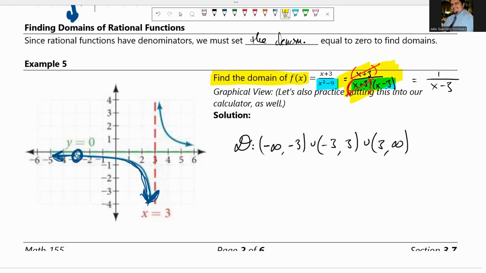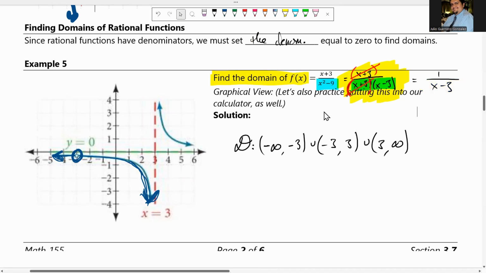Because of our original function, we couldn't plug in positive 3 or negative 3. It just so happens that the x plus 3 canceled away and produced a hole. The other one got left behind as an asymptote. That is the negative 3, this one. Got it? We're getting closer.